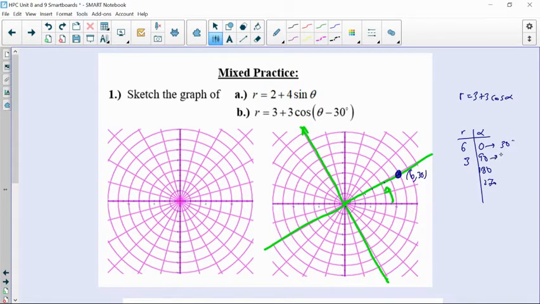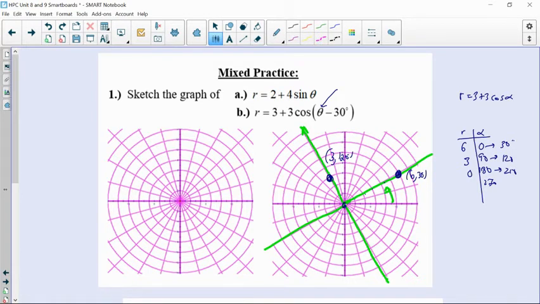And then at 90 degrees, cosine does nothing, so we're just at the 3. But remember, that got translated 30 degrees, so that's really at 120. Because when you put 120 in there, 120 minus 30 would give you the 90. So the 120 marking, 1, 2, 3 is right there. So that's 3, 120 degrees. At 180, you get a negative 1, and then that basically gives you your equilibrium, but that's happening at 210.